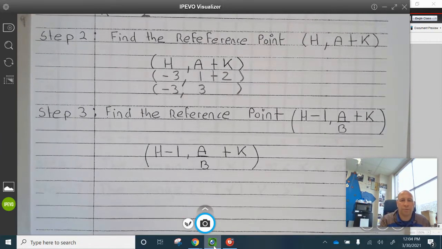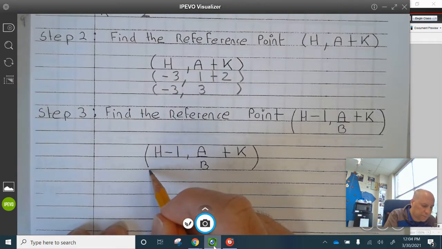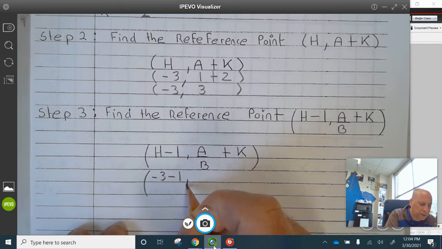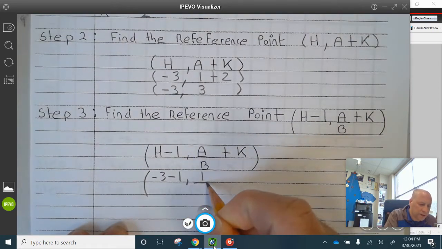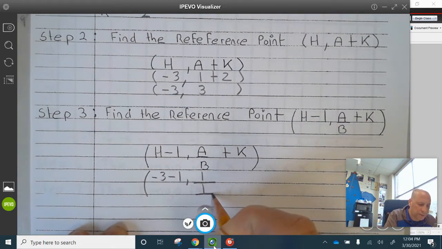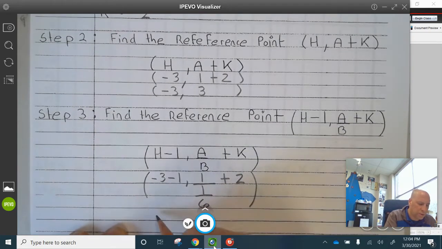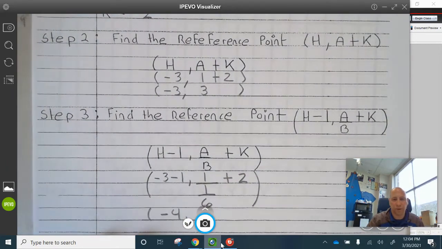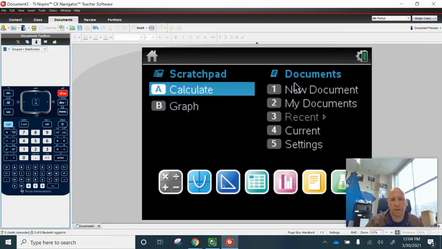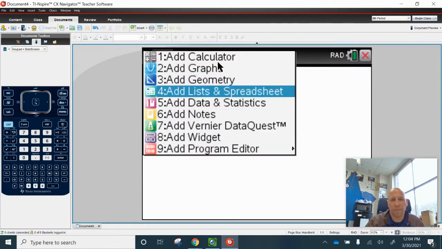Find the reference point (h - 1, a divided by b + k). So h, which is -3, minus 1, a, which is 1, divided by b, which is 1 divided by 6, plus k, which is 2. Well, -3 minus 1 is -4, and we can use our calculator. So on new document, add calculator.